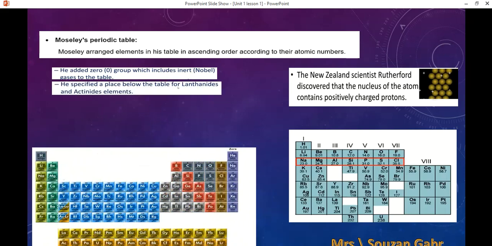He also made two groups below the periodic table and named them lanthanide and actinide elements.